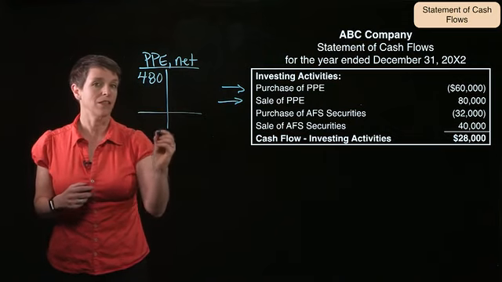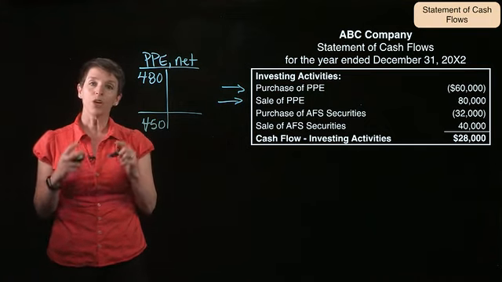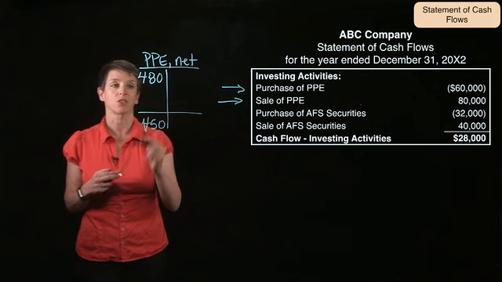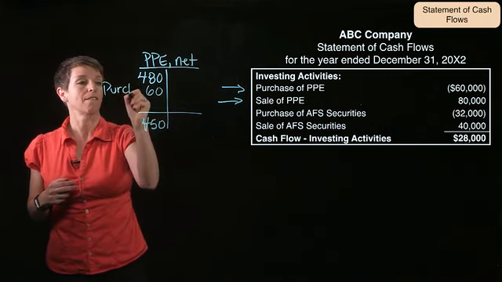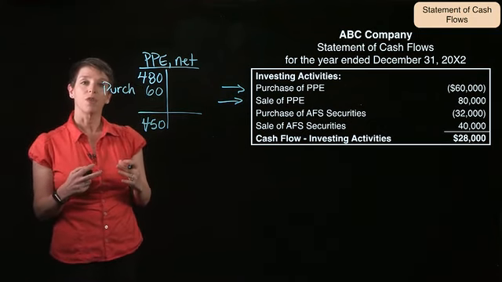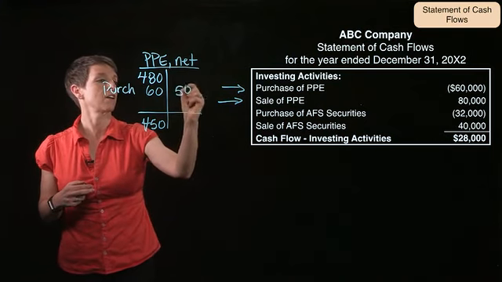The ending balance is $450,000. We know that during the year the company purchased an additional $60,000 worth of equipment. That was given to us in the beginning information. We also know that $50,000 of depreciation occurred during the year.